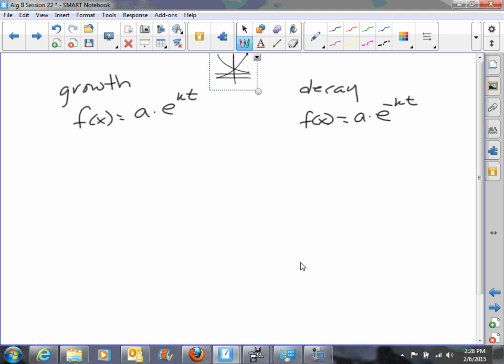First of all, one example of exponential decay is radioactive decay. And maybe a word or two about half-life.